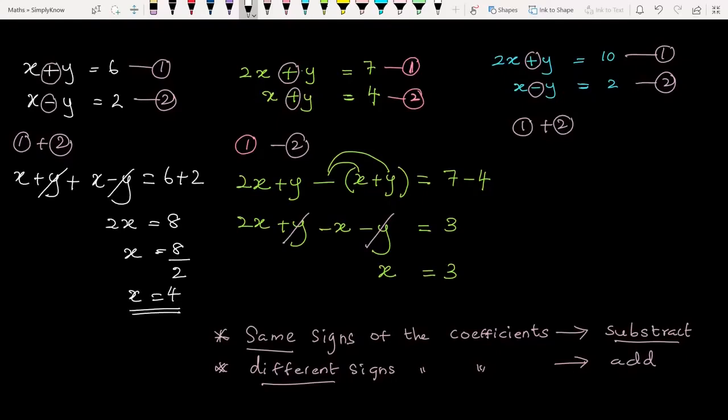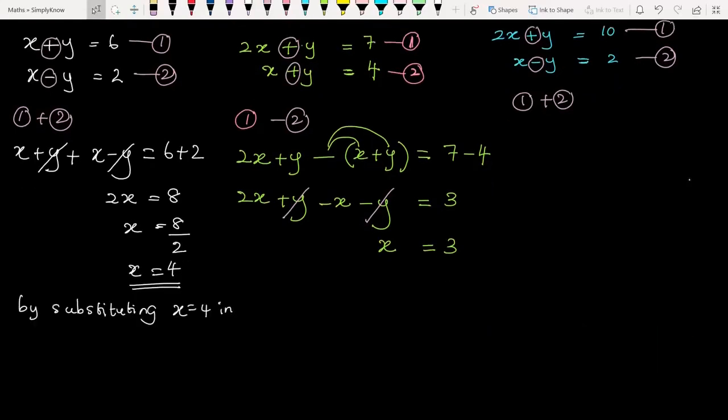What about y? Now we can find the value of y by substituting the value of x into either equation. So I'm going to substitute into equation 1. So by substituting x equals 4 in equation 1.